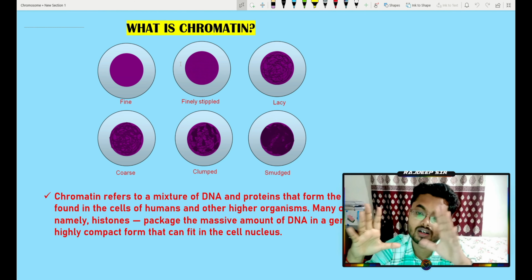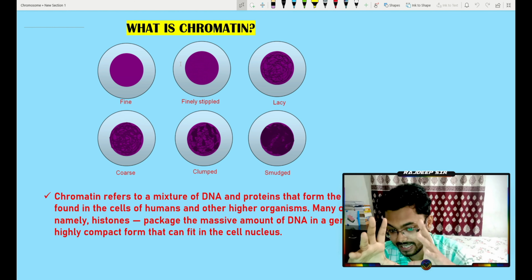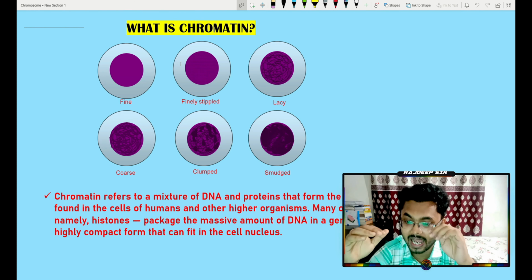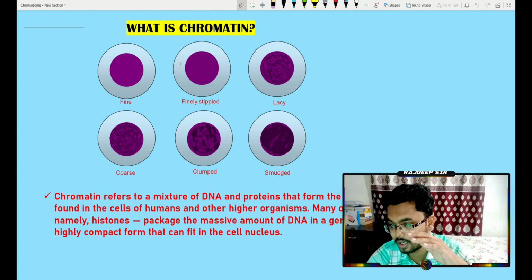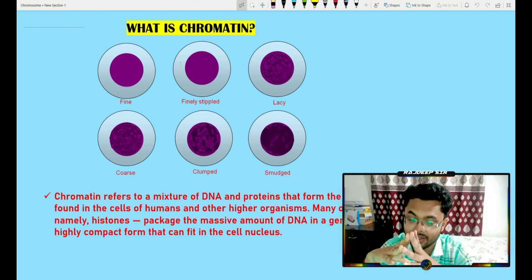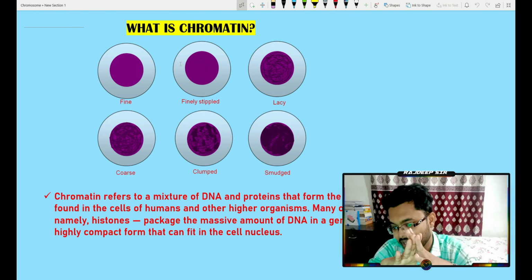The proteins that we find on these chromosomes are named histones. We will discuss these histones and these structures in an upcoming topic. But first, know what this chromatin is. Just remember, it is a mixture of DNA and proteins only.